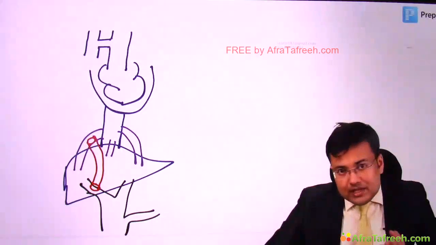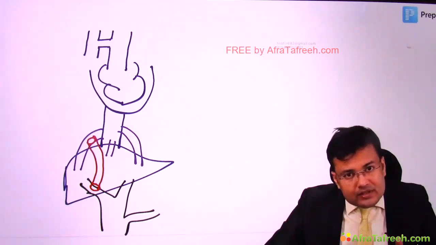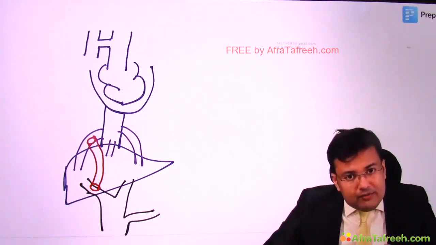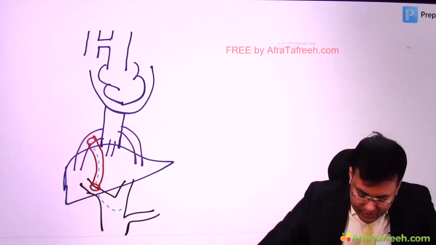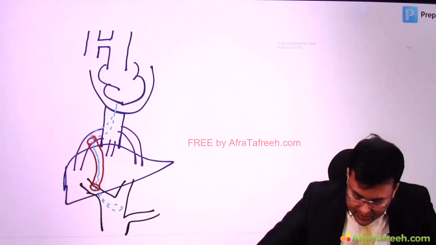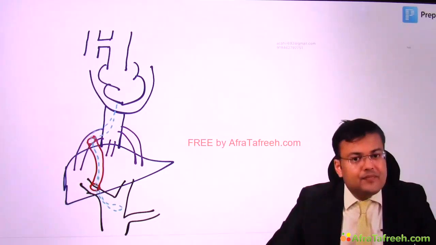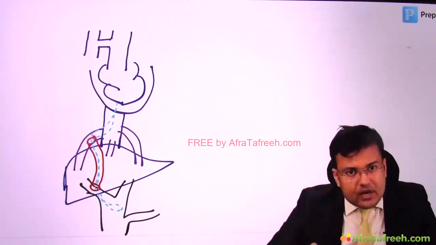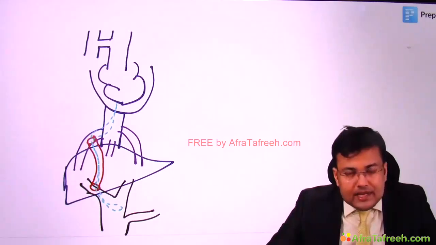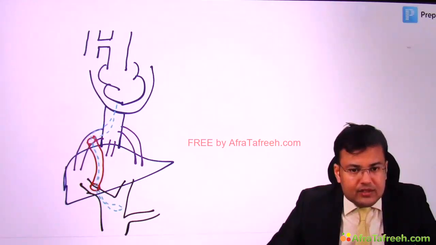In portal hypertension there is increased resistance to venous drainage, mainly the portal venous drainage. Just after inserting the stent, you can see major amount of blood, or almost the whole portal blood, starts going directly into the IVC. Clear? Immediately the portal pressure comes down and most of the complications are going to improve, right?